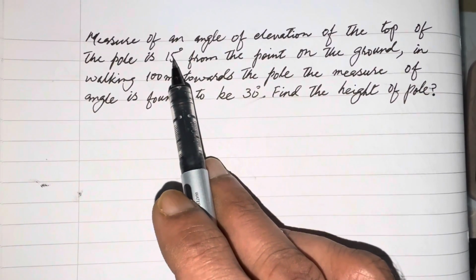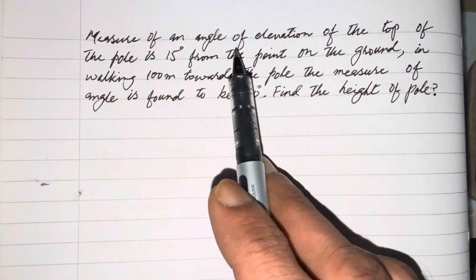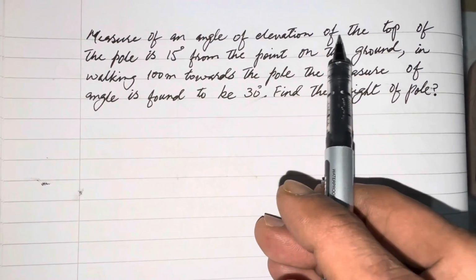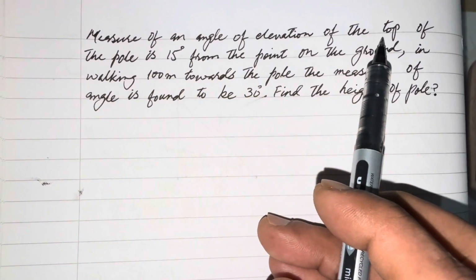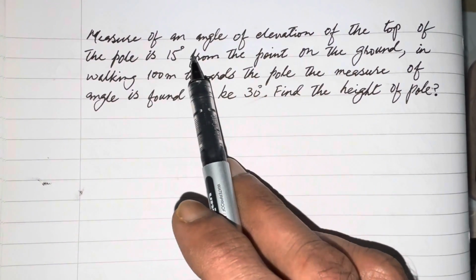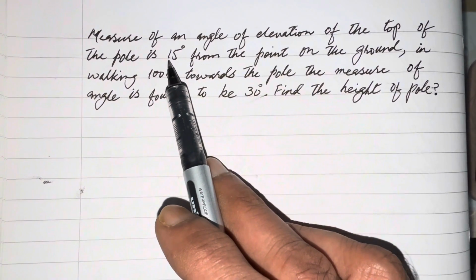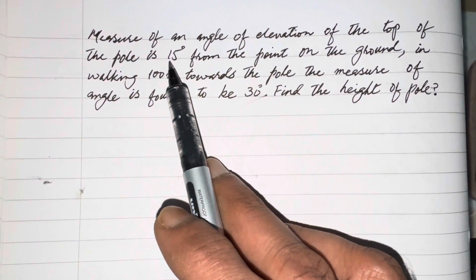By reading this first part of the statement, we have come to know that we are talking about the length of the pole and the angle of elevation at some point where a 15 degree angle has been made.